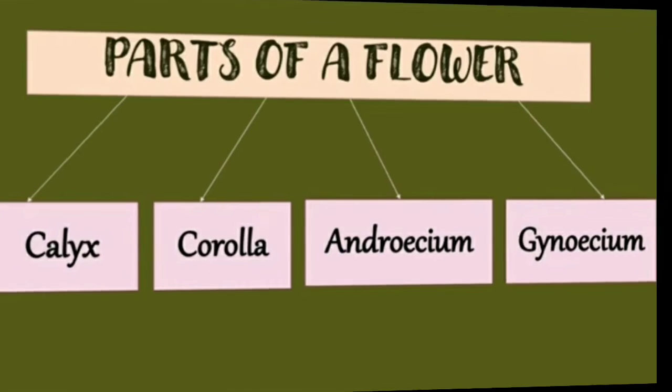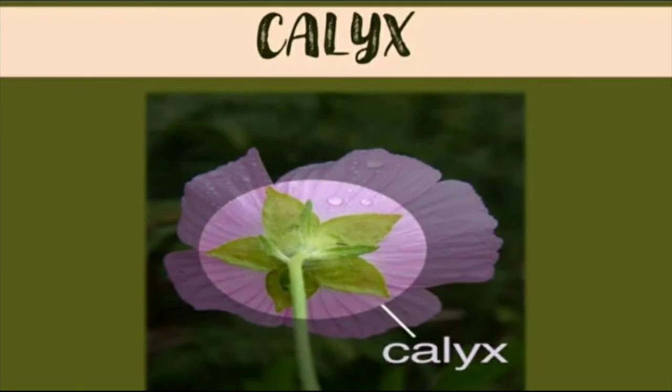Let us study each one of these parts. The first one, calyx. Children, in bud condition, the petals are covered by leaf-like parts which are called sepals, and they are green in color. These sepals form the calyx. You can see the picture, children.